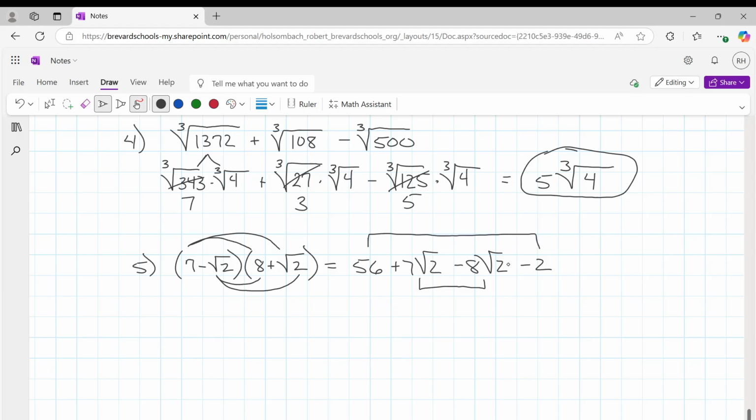All right, so 56 minus 2, that's 54. And 7 radical 2 minus 8 radical 2 is negative 1 radical 2. So there's your simplest form.